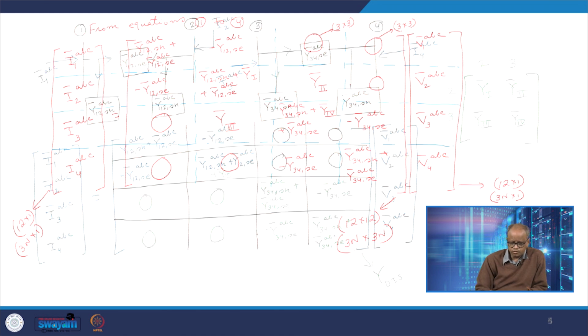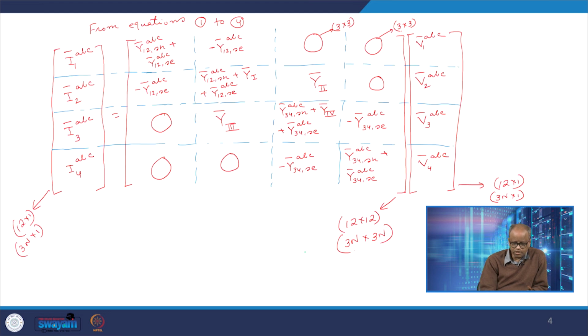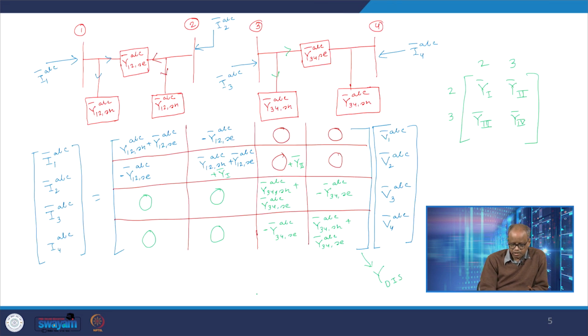Here it is y2, it is 0, so it is just y2. Here it would be just y3, and here it would be just y4.